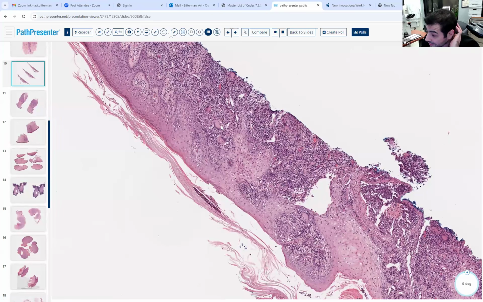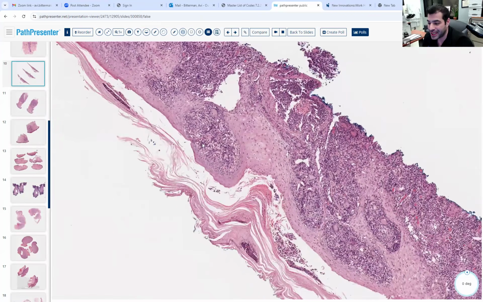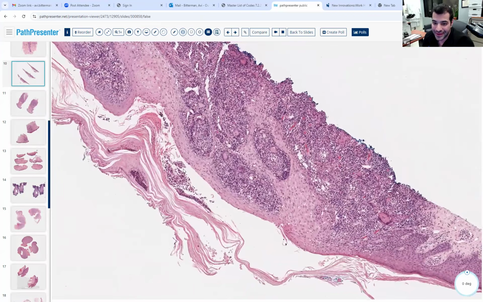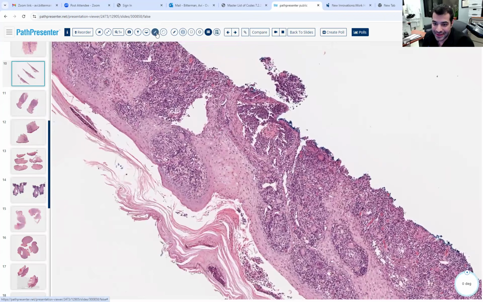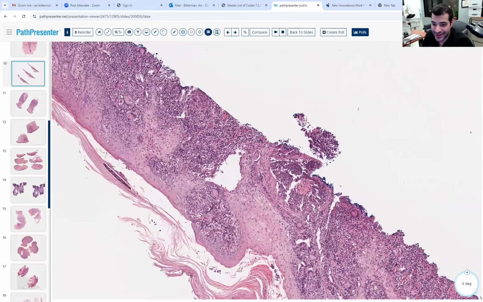Other ideas are areas of transepidermal elimination. Skin has a very interesting tendency to just never give up. Ever hear of a spitting suture? Similar things happen in infections. Just like a spitting suture, you can have transepidermal elimination of organisms. So those can be some high yield areas to look at.